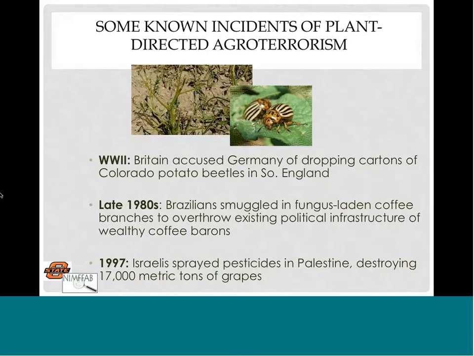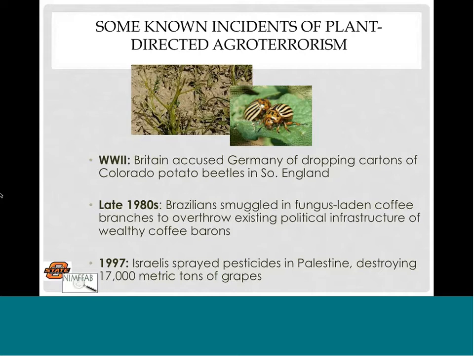There have been some known incidents of plant-directed agroterrorism. In World War II, Germany deployed cartons of Colorado potato beetles in southern England to try to affect the potato crop.